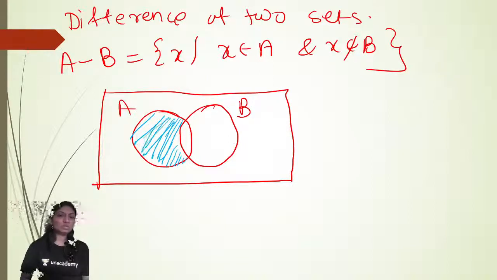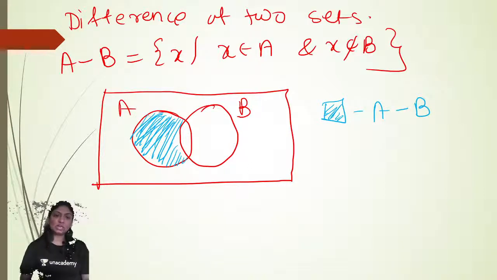Yeah, this is your A difference B. The shaded portion denotes A difference B, right? So the elements which are in A but not in B. Similarly, B minus A means the elements which are in B but not in A.